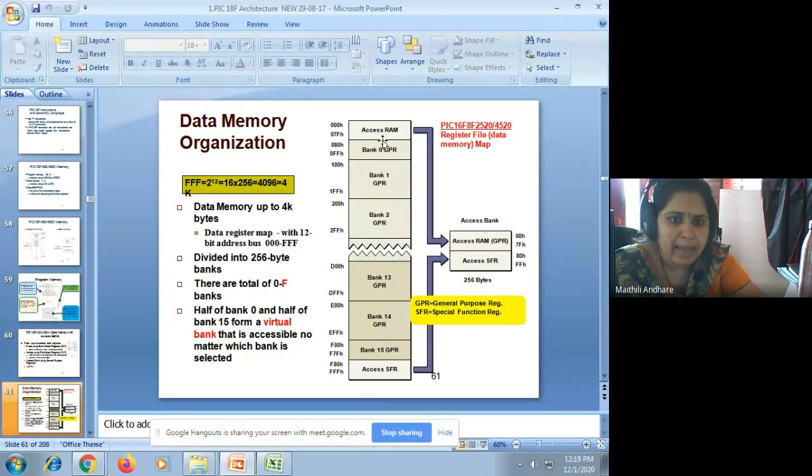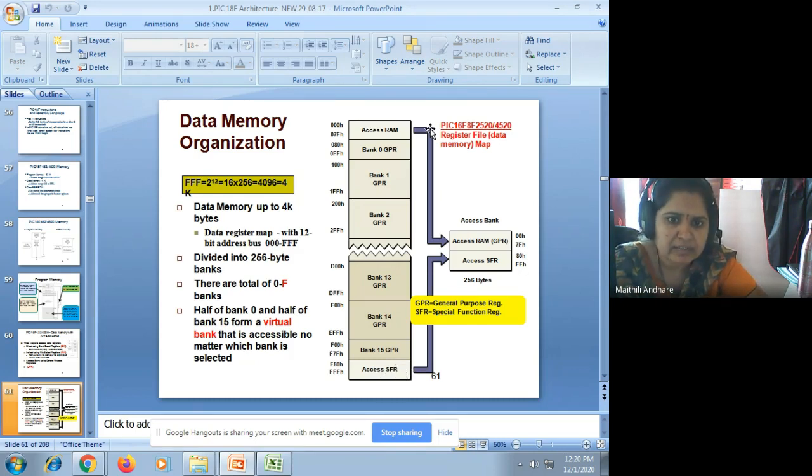In that, bank number 0 and bank number 15 have a special feature: each is divided into two parts. Half of bank 0 and half of bank 15 can be used as general purpose memory. The other part in bank 0 is access RAM, and in bank 15 it is where the special function registers are allocated.